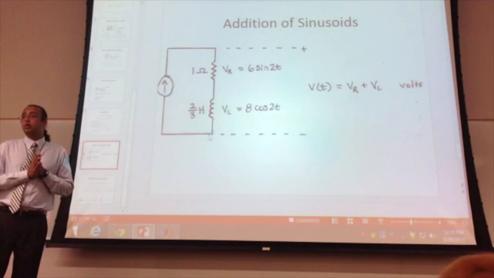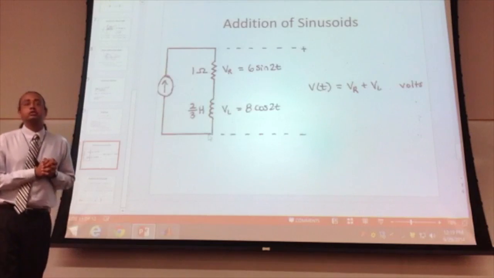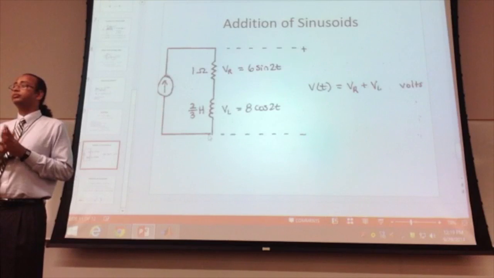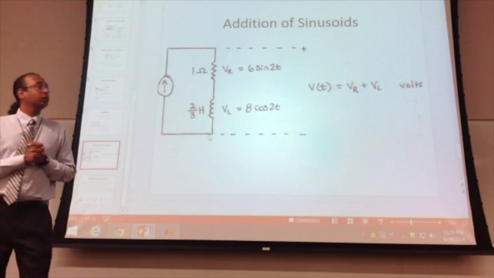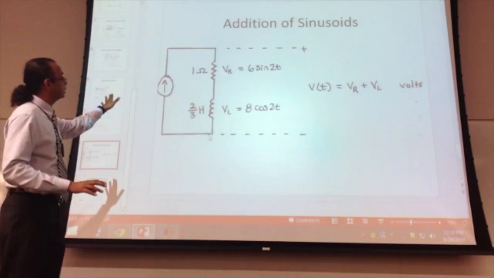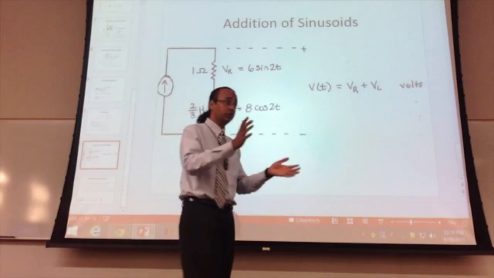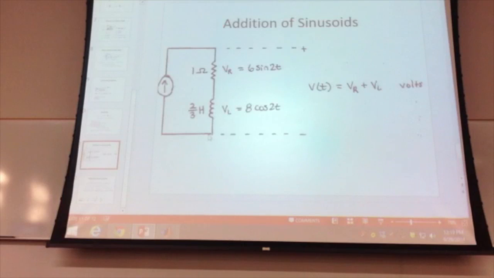I want a volunteer to tell me what 6 sine 2t means in terms of sinusoids, forgetting the physical interpretation. So what does 6 mean? Amplitude. 6 is the amplitude, and what does 2 represent?